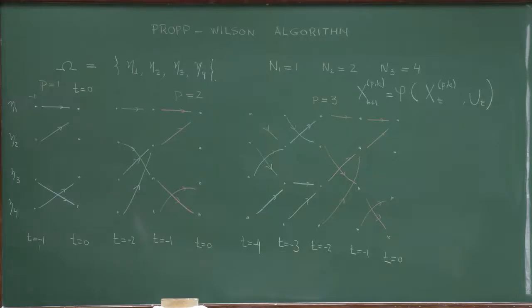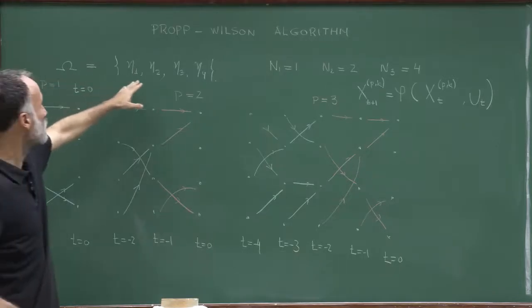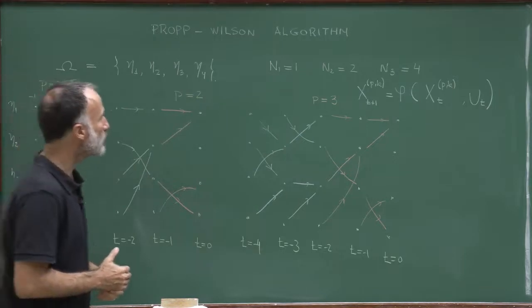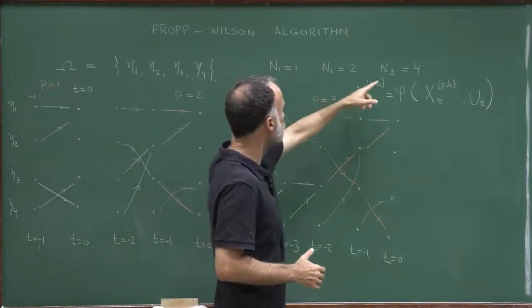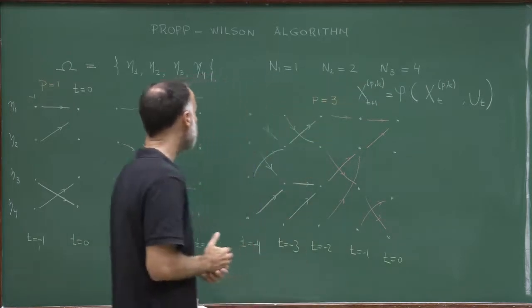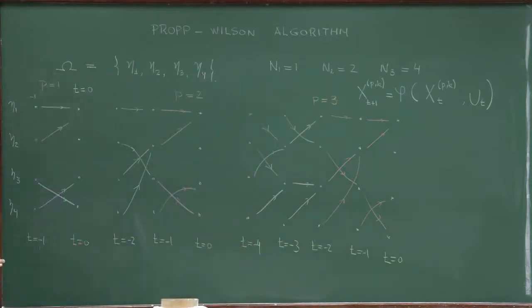So here is an example. I'm taking omega with 4 configurations, eta 1 up to eta 4, and my sequence n1, n2, n3 will be the sequence I propose, so 1, 2, 4. So we start at stage 1 with p equal to 1. So here is time 0.